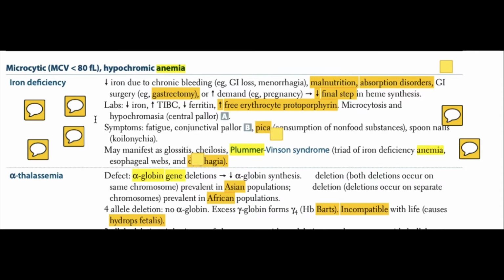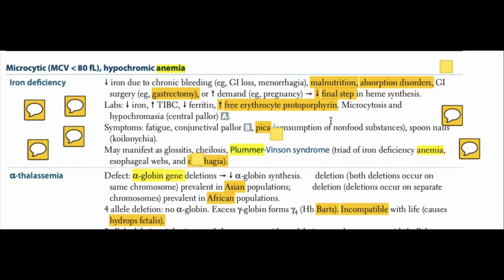On lab findings there will be decreased iron and increased total iron binding capacity, decreased ferritin, which is a storage form of iron, and increased free erythrocyte porphyrin, microcytosis, and hypochromasia, that is a central pallor condition.